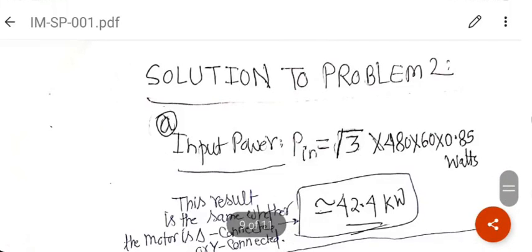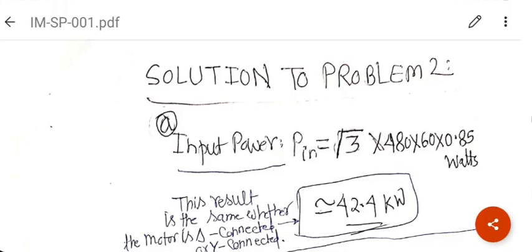First of all, input power, whether it's a star connected motor or delta connected motor, the input power, including all the phases, is always the square root of 3 VLL IL times power factor. This formula has been proven in the past.